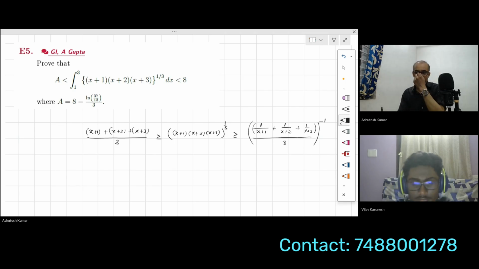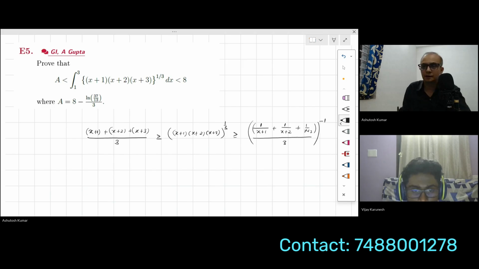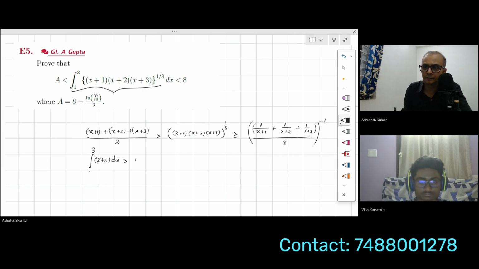So now we apply the integration on all of them. On the left hand side, you have calculated correctly, 3x plus 6, so x plus 2. That's not a problem because this is going to be the integral from 1 to 3 of dx. And that's the expression we call the required expression in the middle.